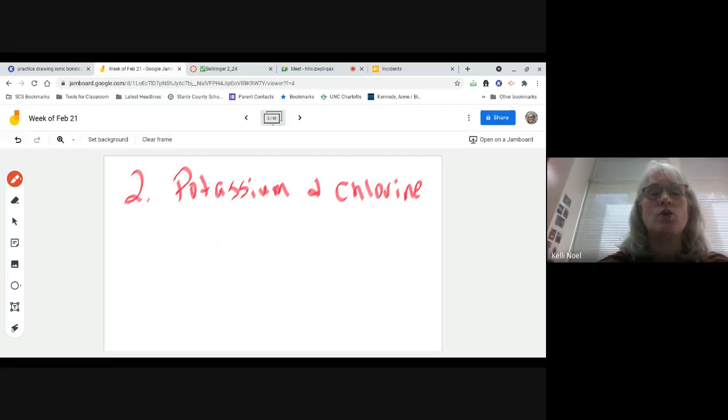It is in group 1. Its symbol is K. I'm going to put a dot. It's in group 1, 1 dot. Chlorine is in group 7, and I think we did this one yesterday, and it's going to have 7 dots. Remember, you draw the arrow to show that potassium is giving that electron to chlorine. Chlorine now has 8. Potassium has gotten rid of its 1, so I'm going to write KCl.